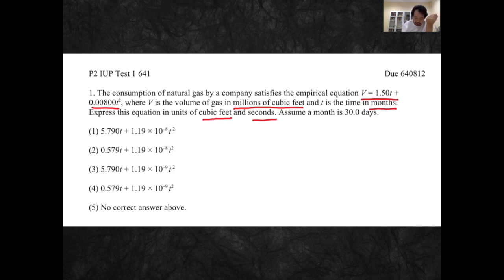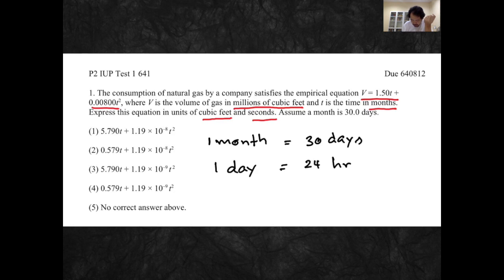Because we know that 1 month is equal to 30 days, and a day is equal to 24 hours, and an hour is equal to 60 minutes, and 1 minute is equal to 60 seconds.